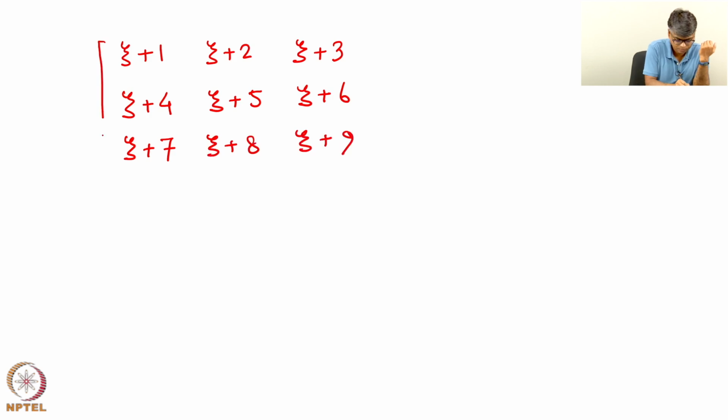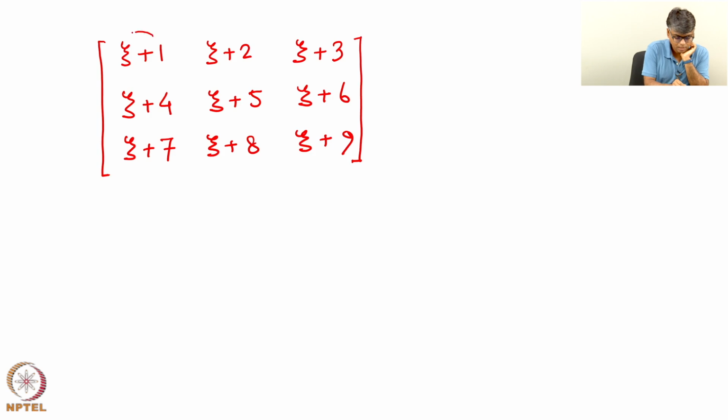I want to solve this, but I want to do row operations and bring it to a form which will be upper triangular. If it is upper triangular, it will be much easier to solve, as we will see very soon. Now, what do we do in this case?